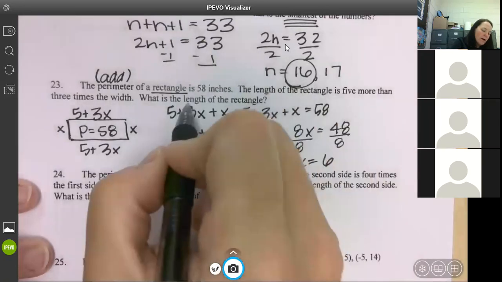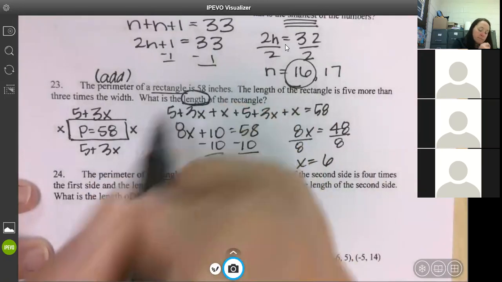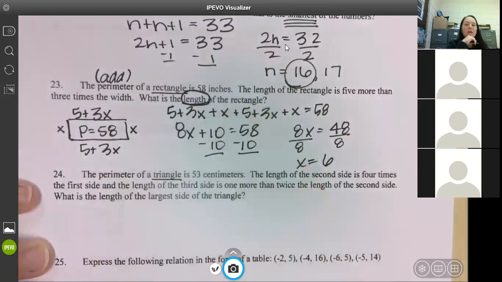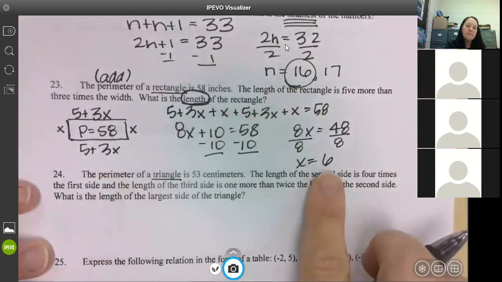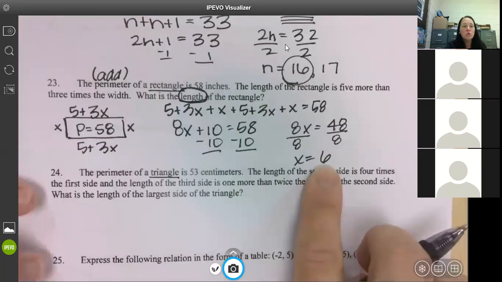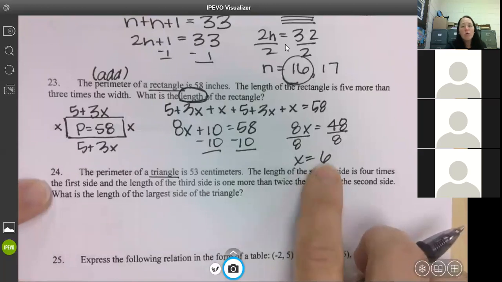It asked for what? The length. Is this the length? No, that's the width. So you need to be careful on this question. 23 and 24, you're probably not putting this answer, you're probably using it.